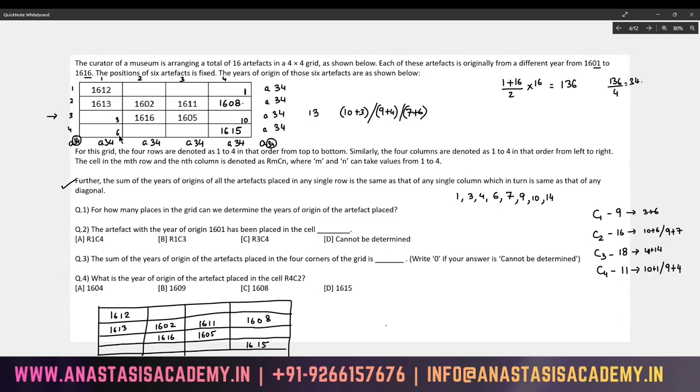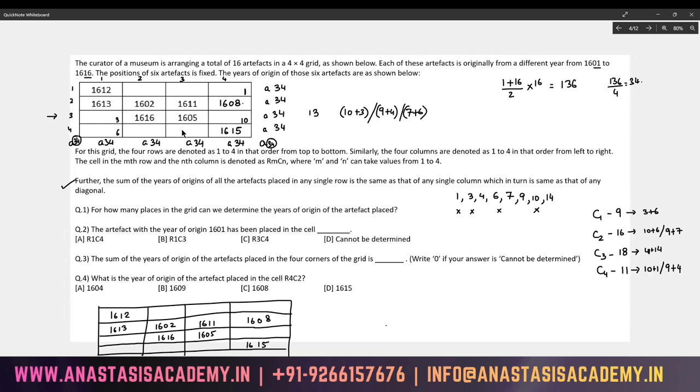I need 13 more. Remember the numbers that are used: 1 is used up, 3 is used up, 6 is used up, and 10 is used up. Among the numbers available, the only way I can make 13 is 4 and 9.